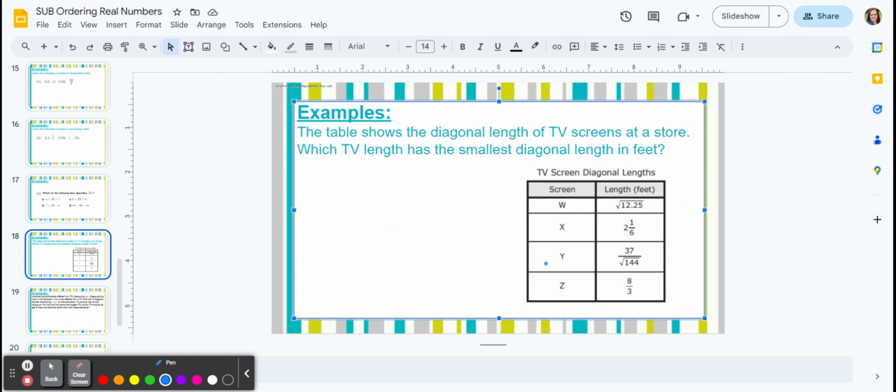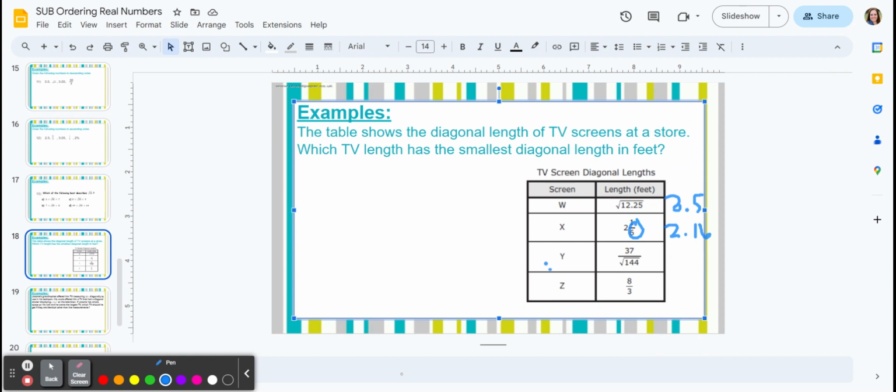Okay, so that was 3.5. Okay, and then 2 1/6. So we haven't done one of those. So let's make sure we can do the 1/6 part, which is 0.16. So then we call it 2.16. So all we did was turn the fraction part into decimal, not the 2. It stays a whole number.